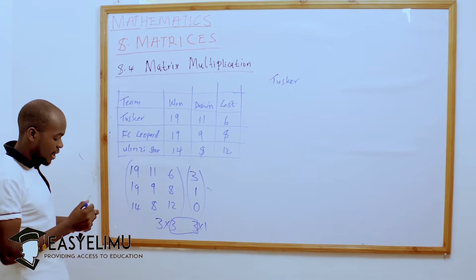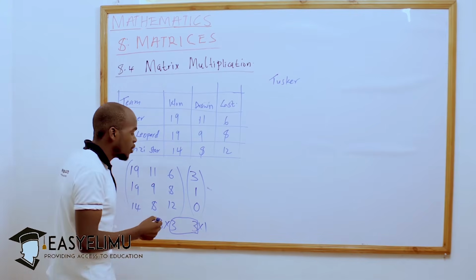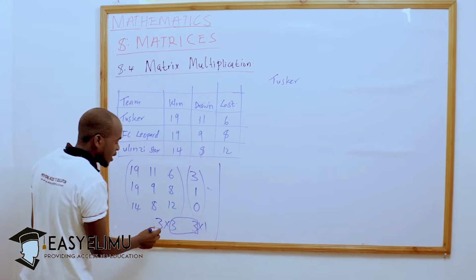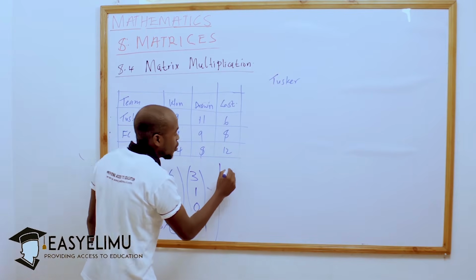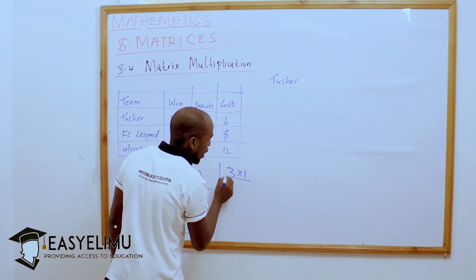We can multiply them, and after multiplying, you will find that since this is 3 by 3 and this one is 3 by 1, your answer will have order 3 by 1.